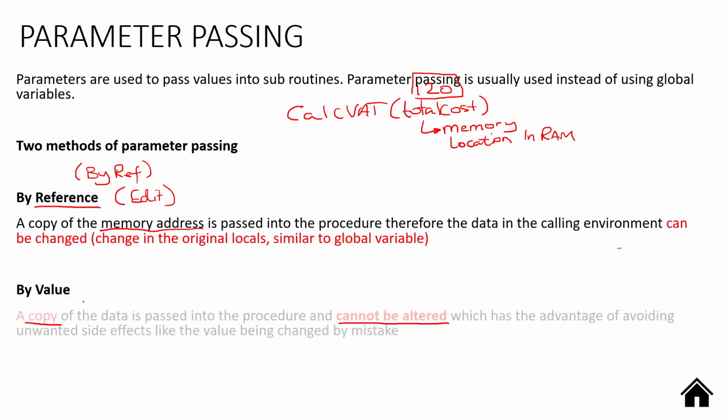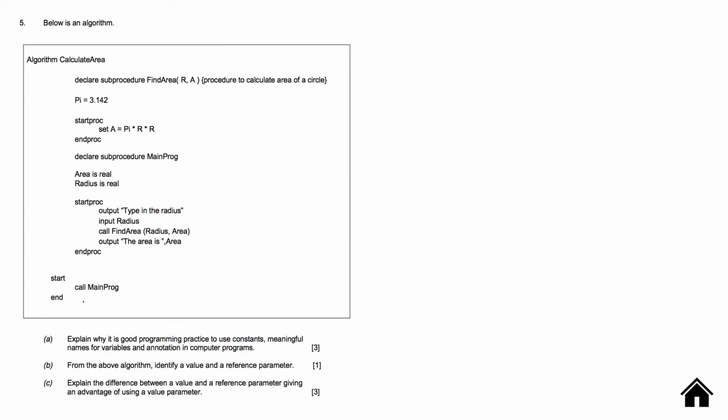So Victoria, for you, if you just forget about everything else here, hopefully you can see that this is my procedure. It's called find area. Okay? And it has two parameters. A parameter is something inside the brackets.